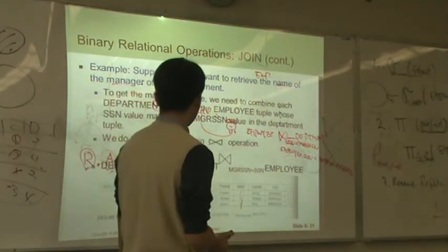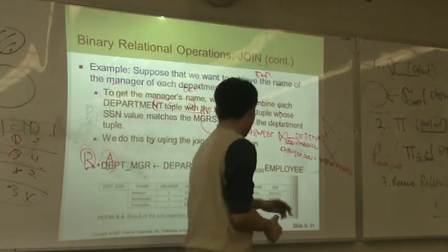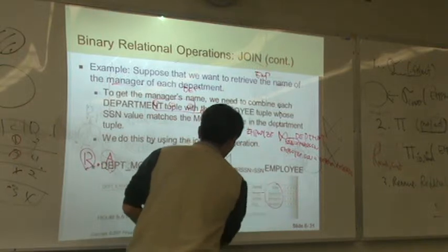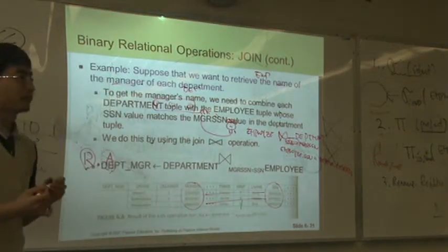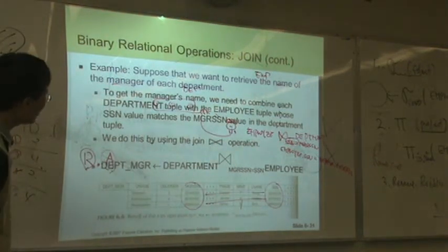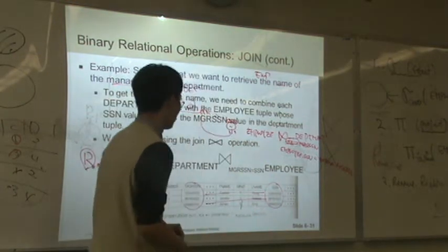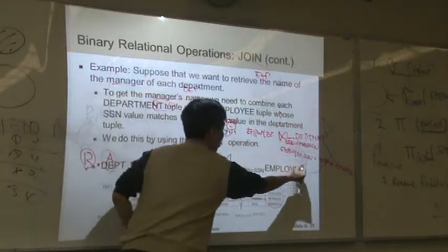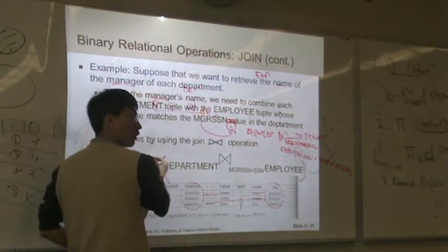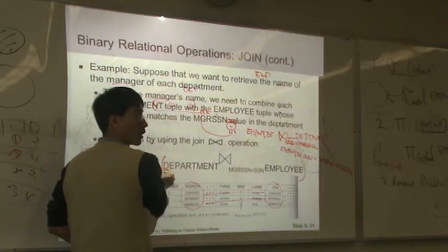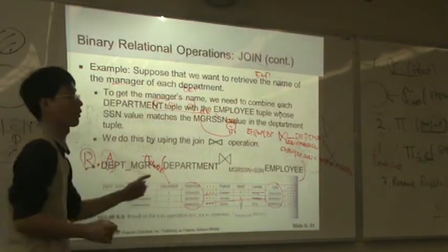All department and all employee, check that manager social security number and social security number are the same. What if I want to retrieve only the name? As you can imagine, you can use project, last name, first name, middle initial in front of this.